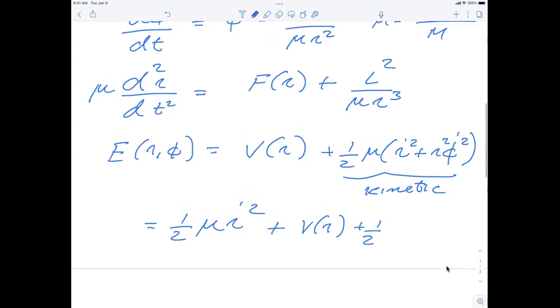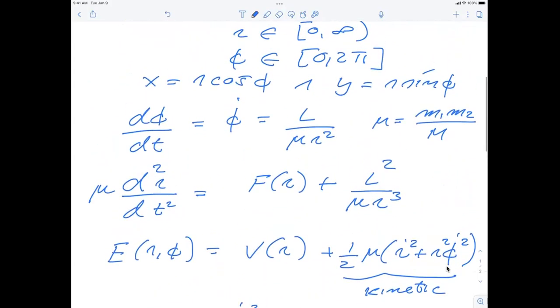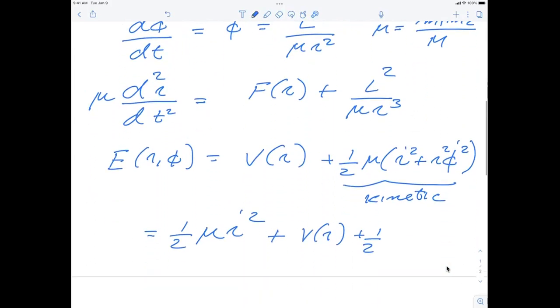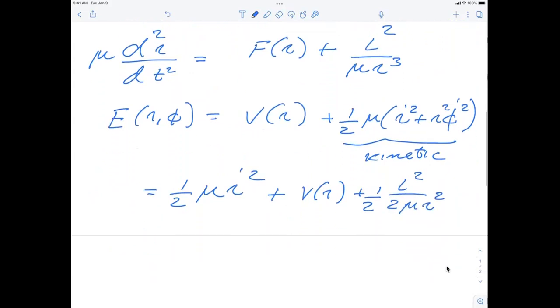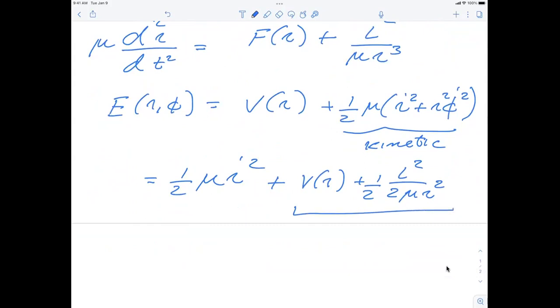And when we now use the relation which we have for phi dot, this one here, and plug it in here, we can rewrite this equation as L squared divided by 2 mu times r cubed. This defines an effective potential.